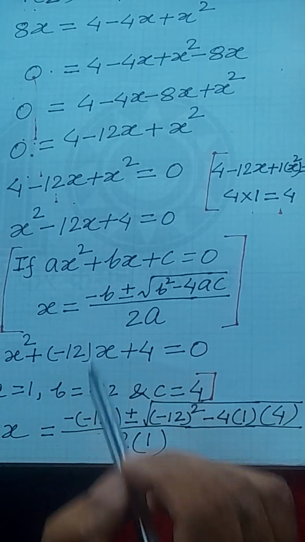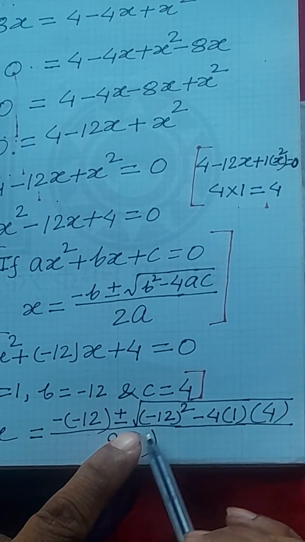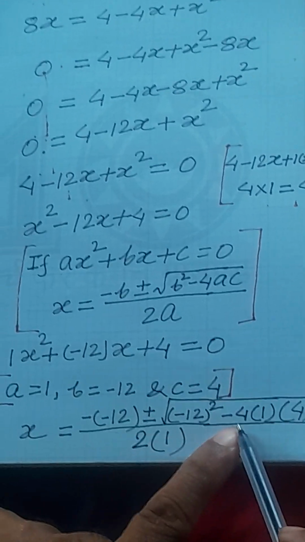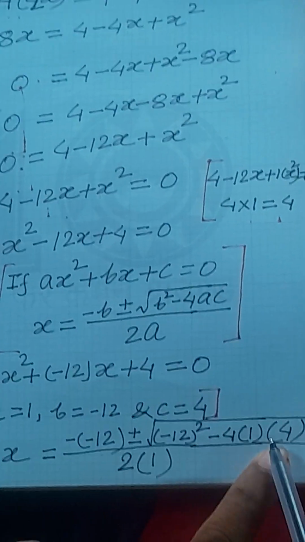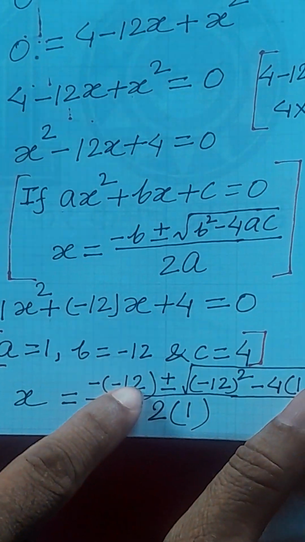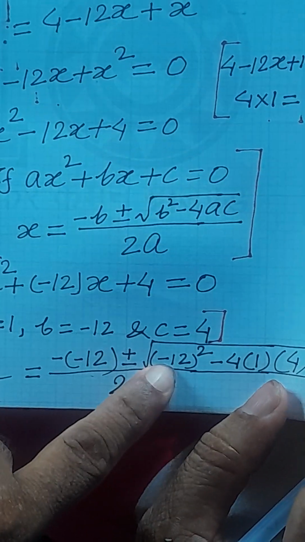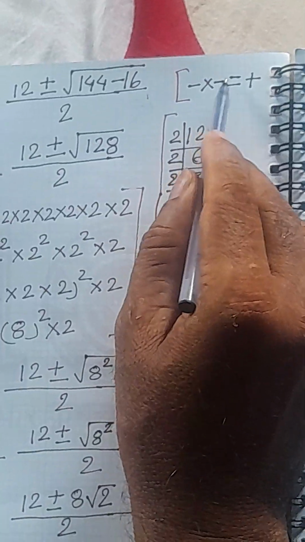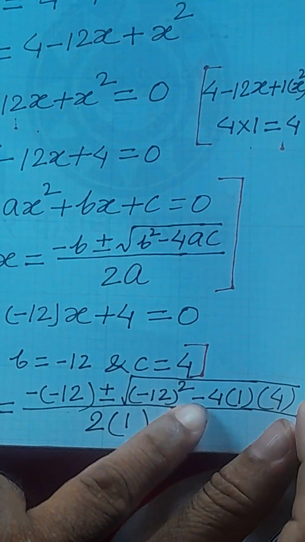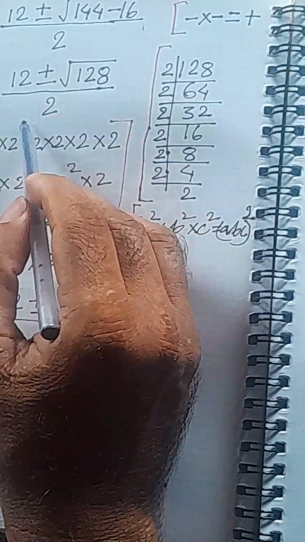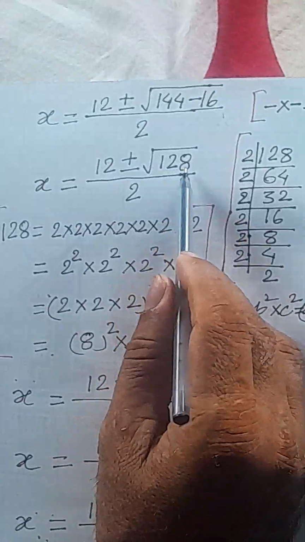So minus b means minus of minus 12, plus minus under square root b square, b means minus 12 square, minus 4 times a, which is 1, times c, which is 4, over 2a, which is 2. Now x equal to 12 plus minus under square root of minus 12 times minus 12, minus times minus equal to plus, 144, minus 4 times 1 times 4, which is 16, over 2. So 12 plus minus under square root of 144 minus 16, which equals 128.